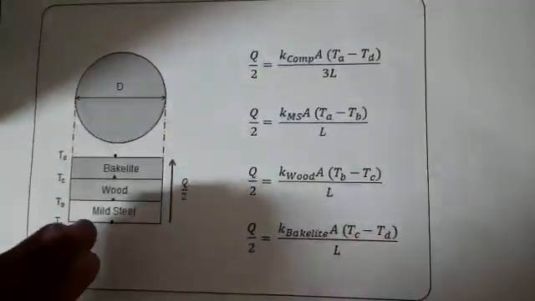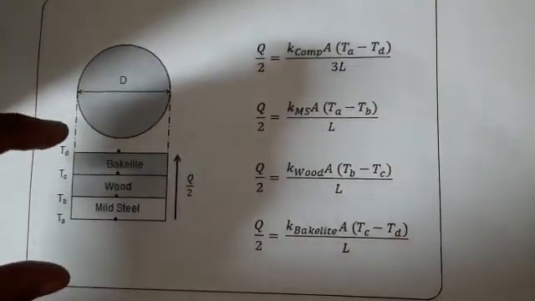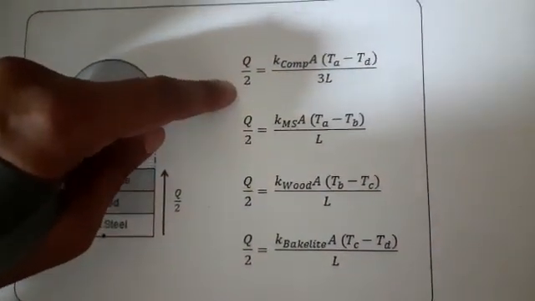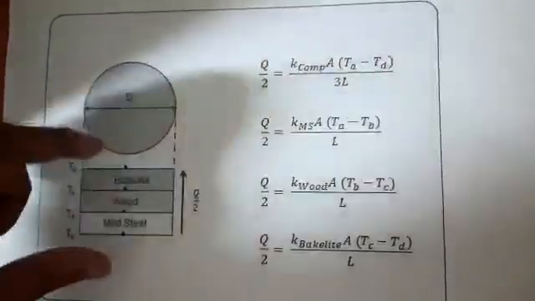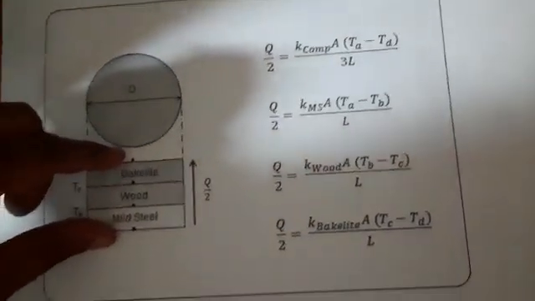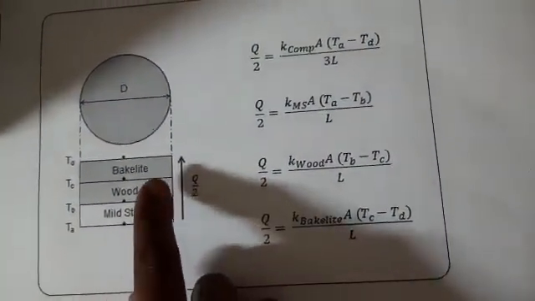So, when steady state is reached, the heat flow will be uniform through all the slabs or the total composite slab. So, Q by 2, the heat flow, is equal to KA delta T by total thickness. Suppose you are calculating it for a composite slab. For a composite slab, the total thickness will be 3L.